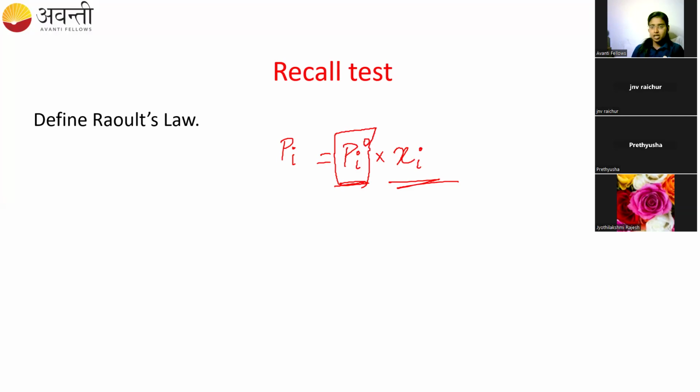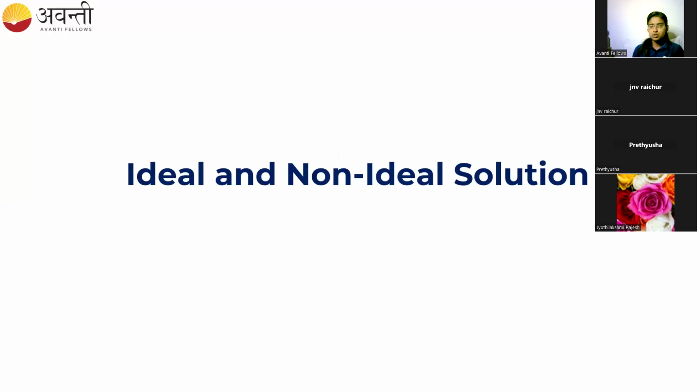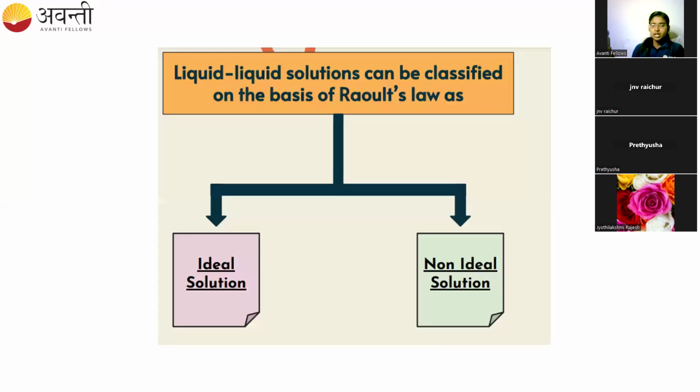So today we are going to see about ideal and non-ideal solutions. The liquid solutions which we discussed in the previous class can be classified on the basis of Raoult's law into two categories: one is ideal solution and the other is non-ideal solution.